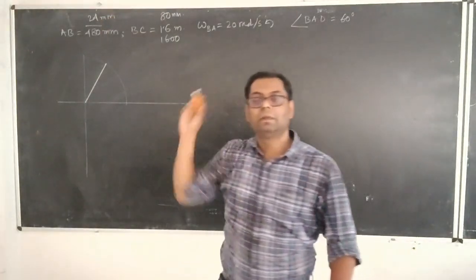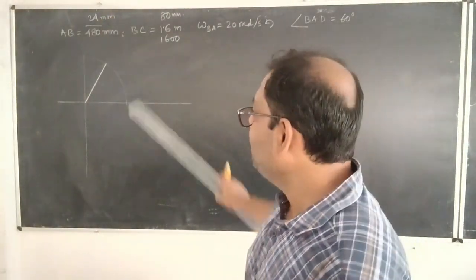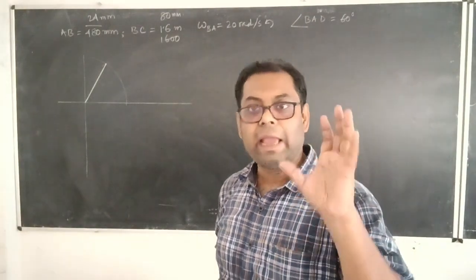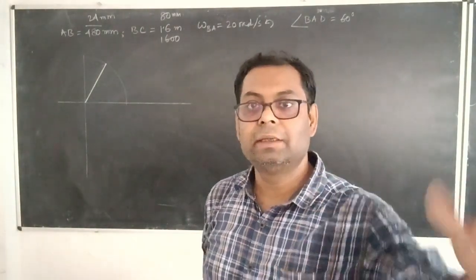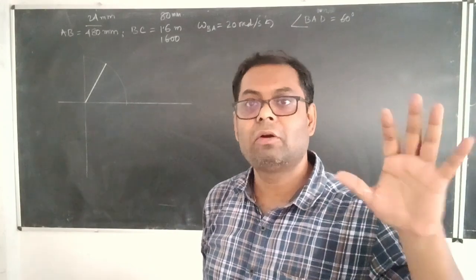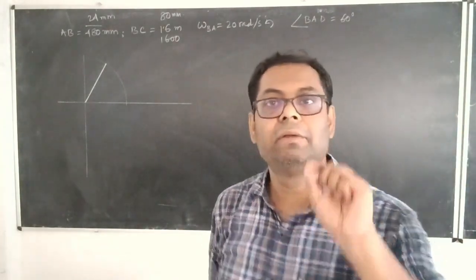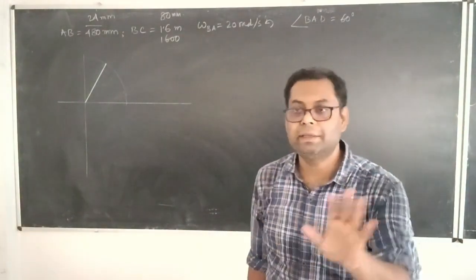So 24 millimeter will be your actual length in the drawing when you are drawing on your copy. So like that, you can draw that particular thing very easily.